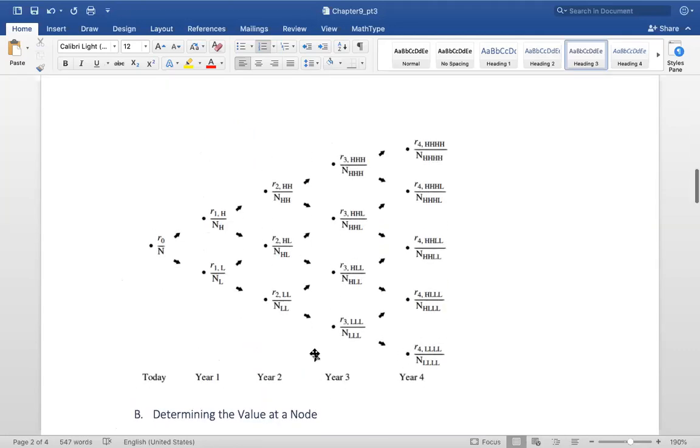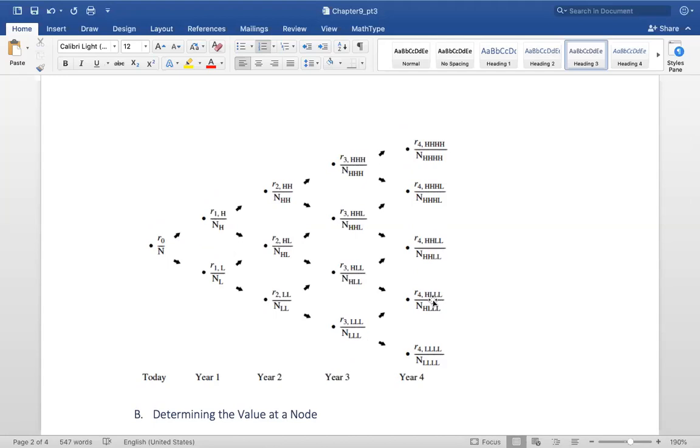So this is the 4 year binomial interest rate tree. You can see various outcomes, and this is all logical. Here, 4 L means this value is reached after 4 low interest rates. This one is reached after 3 low and 1 high interest rate.